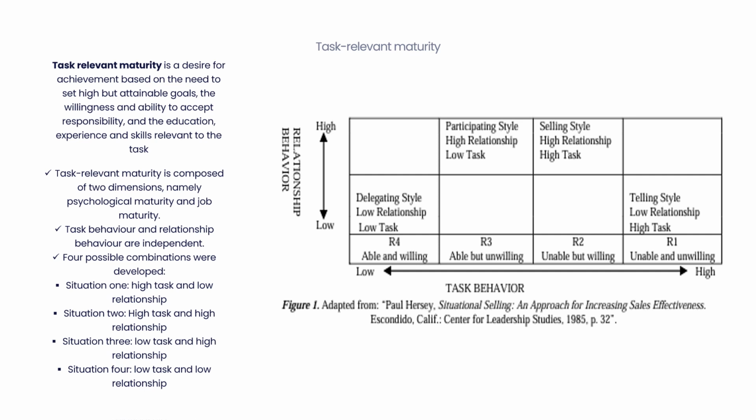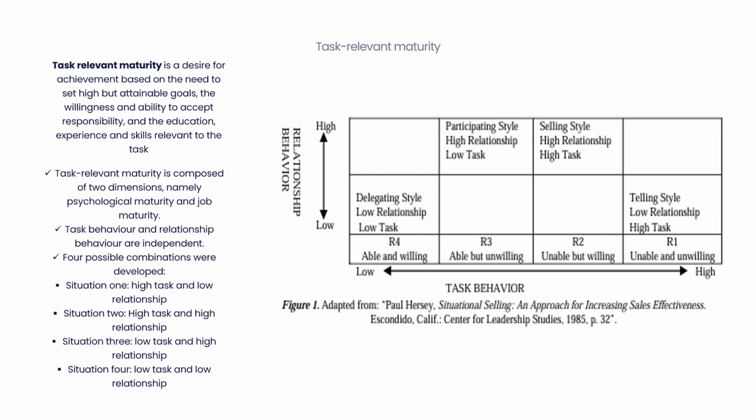Here, able but unwilling. Then we call it participating style. That's what we need in this case. Then we have high relationship and high task. Unable but willing. This we have the selling style. Then we have the last one, where we have low relationship and high task, which is unable and unwilling.